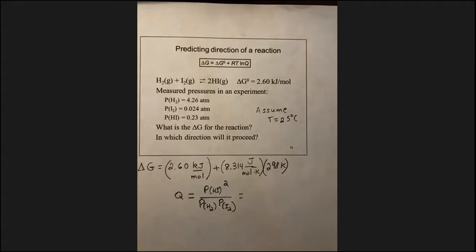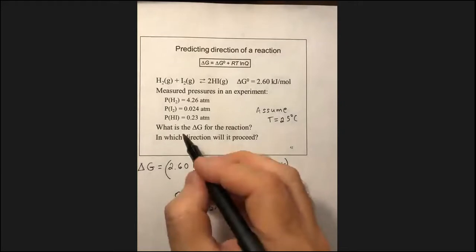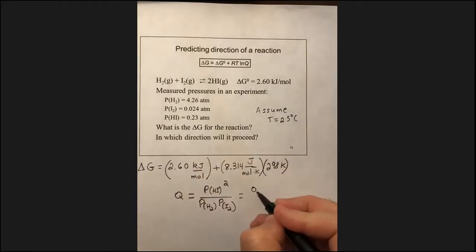Let's see under these conditions what that is. The pressure of HI is 0.23, and we're going to square that.